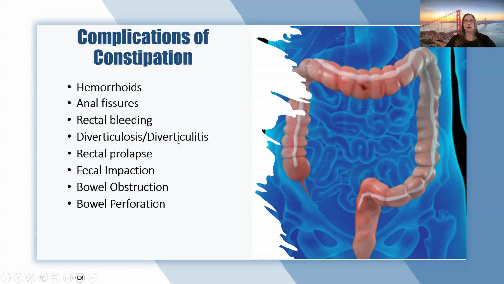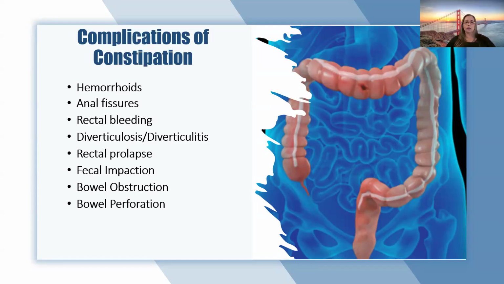These are changes to the wall of the colon, because it's been so frequently packed with stool really tightly, and that stool moving up and down in the colon can cause changes in the surface, and you get pockets where some feces will stay in the pockets that are on the sides of the colon, even though the stool is moving through. And that can lead to inflammation and infection or diverticulitis, which can be very dangerous.